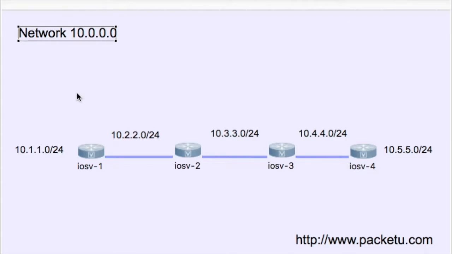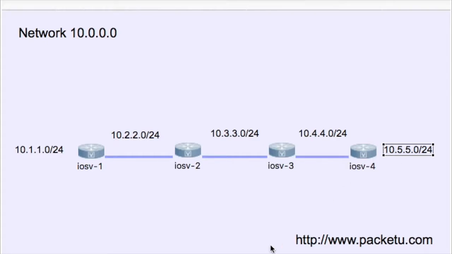We can see that all the components represented in this network are together. So 10.1.1.0 through 10.5.5.0, they're not separated by anything that's outside of that address range. If they were separated by something outside of that address range, then we would call that discontiguous.